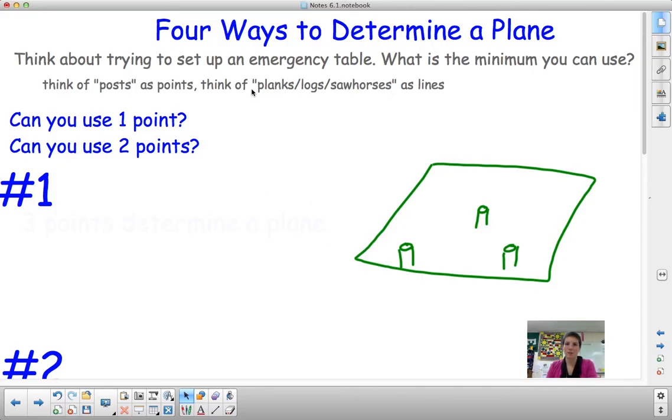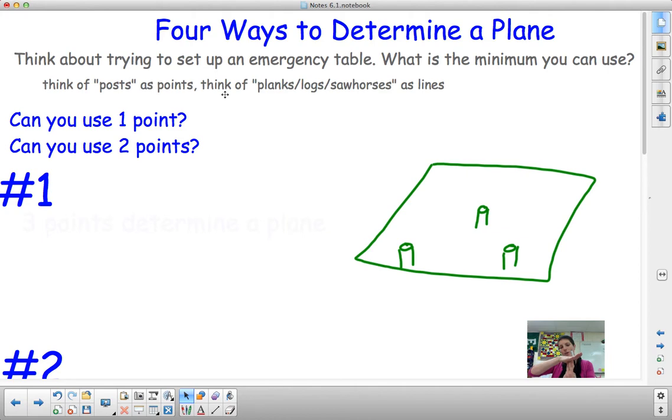We also talked today about 4 ways to determine a plane. And I asked you to think about determining a plane as though we're trying to set up a table in an emergency situation. So what's the minimum that you can use? We talked about using posts or points, and planks, logs, or sawhorses as lines. So could we use just one post? No, because it would topple over, right? It's not going to work. Can you use 2 points?